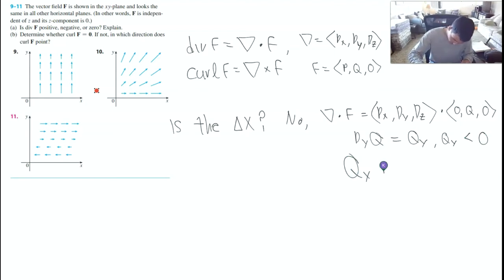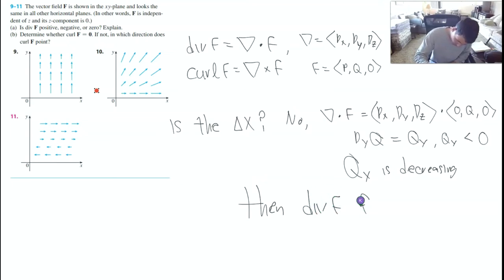And if qy is decreasing, then the divergence of f for number 9 is negative.